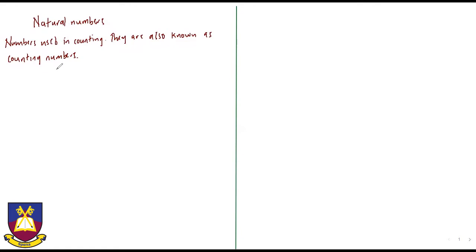For example, if I told you to count the number of students in the senior 1 class, then you would start by counting from 1, 2, 3, 4, and so on. This tells us that the first natural number is 1.